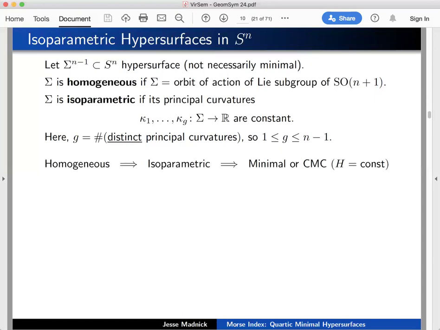Notice that every homogeneous hypersurface is automatically isoparametric, and every isoparametric hypersurface is either minimal, meaning the mean curvature is 0, or CMC, constant mean curvature, where the constant is not 0. The study of isoparametric hypersurfaces is quite old. It goes back to Élie Cartan in the 1930s, who studied these quite intensively.